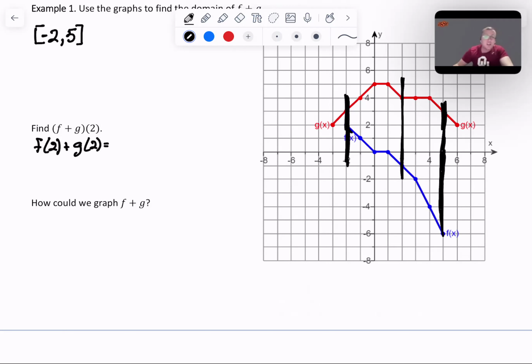And then you can read these numbers off of the graph. If I look at f of 2, it's down here. That's -1. If I look at g of 2, it's up here, and it's 4. So this is just -1 plus 4, or 3.